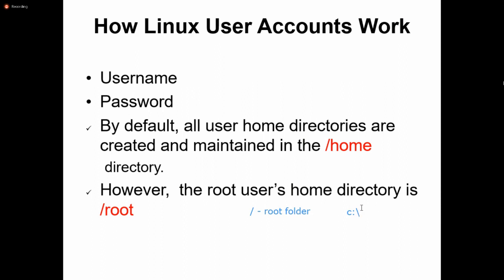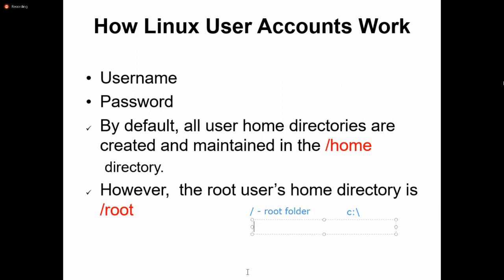This is the starting point of the Windows system folder or directory. Also in Linux, as you know, there are no drive letters like C in Windows. All paths start with this root, the slash sign. This slash we call the root or the root folder, and then this /root folder is different.